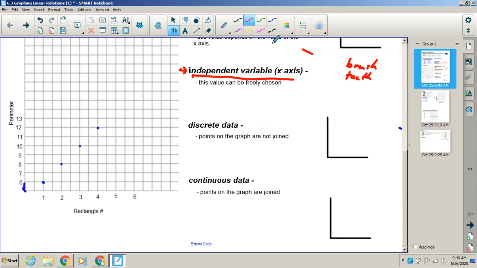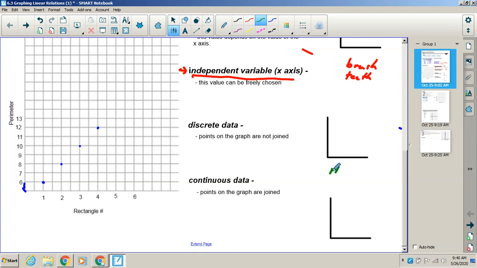Now, the reason being is, if we look at another example here, so if I have an X and Y axis, and let's say I'm buying tickets for a hockey game, concert, whatever it is.